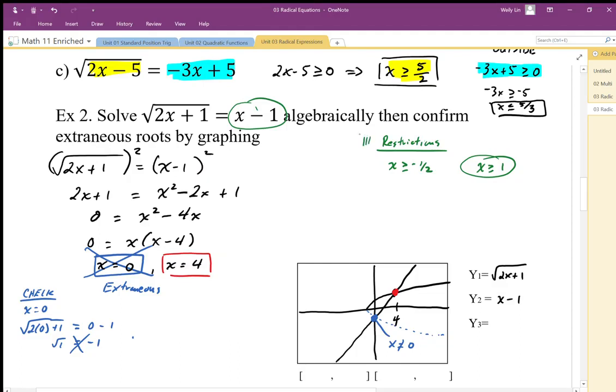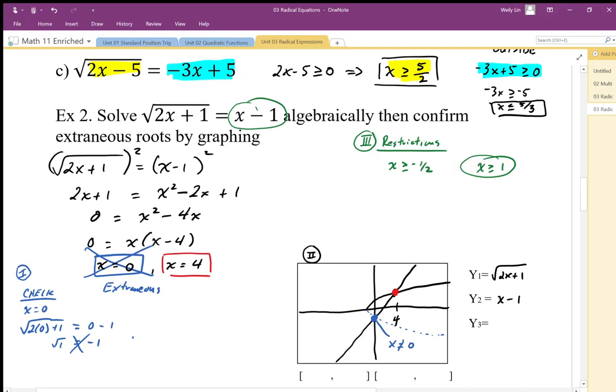So I'm going to put 3 here. This is going to be our first way, and these should be the priority as well. The easiest way to test for extraneous roots is just by checking. Another easy way is by graphing. The third way, which is one that we probably want to avoid, but we should know about it, is that if we check the restrictions, our solution has to pass the restrictions as well.